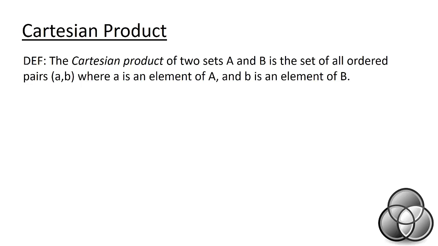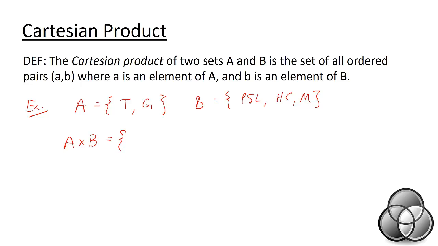Creating ordered pairs like we did on the last slide is an operation that we call the Cartesian product of sets. This operation creates ordered pairs (a, b), where little a is an element of set A, and little b is an element of set B. In the Starbucks example, set A could represent the size of our drink, either tall or grande, and set B could represent our drink order: pumpkin spice latte, hot chocolate, or mocha.